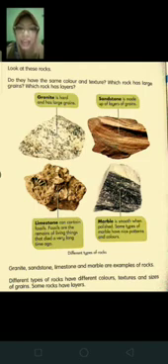Some rocks have layers, but some rocks do not, because the rocks have different arrangements and different forms, so the textures are different.